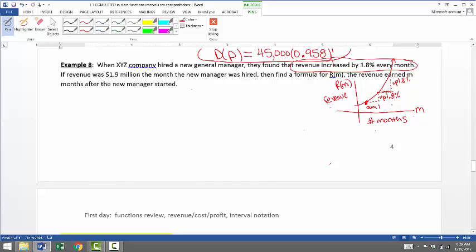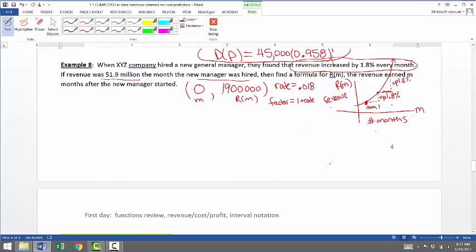Furthermore, the second sentence describes a point on the graph. It says the revenue is 1.9 million the month that the manager was hired, which is month 0. The revenue is 1,900,000. That's our R of M. So we have a point, which is the y-intercept. We have a rate this time, which is positive 0.018. We know if it's an exponential function, we need to have the factor, which is 1 plus the rate.